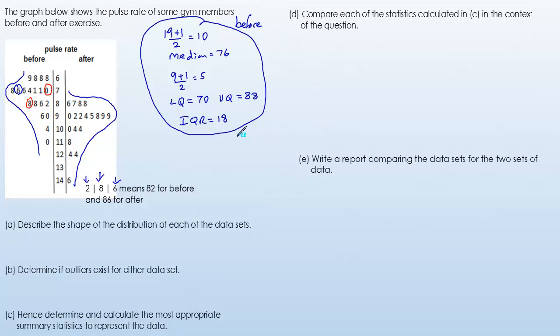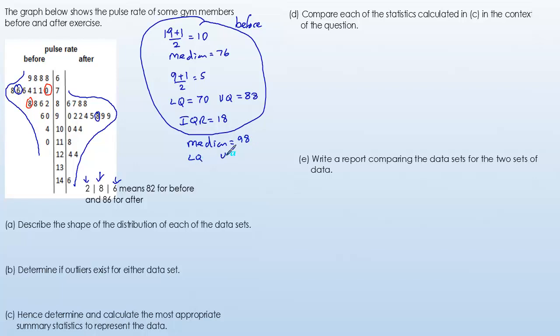And if we do the same for the after, let's just check 1, 2, 3, 4, 5, 6, 7, 8, 9, 10, 11, 12, 13, 14, 15, 16, 17, 18, 19. So we suspected there'd be 19 because these are the same people, but I just thought I'd check. So the 10th piece of data, 1, 2, 3, 4, 5, 6, 7, 8, 9, 10. So that was the 98 here. So the median is 98.